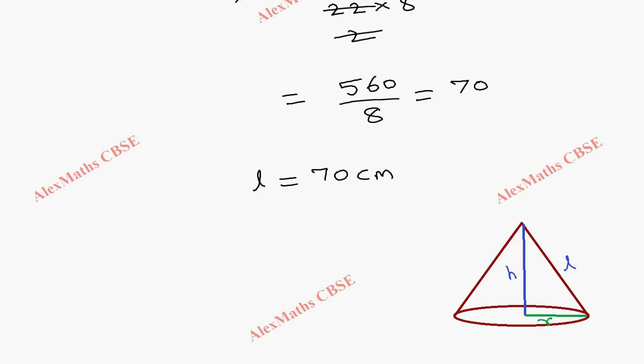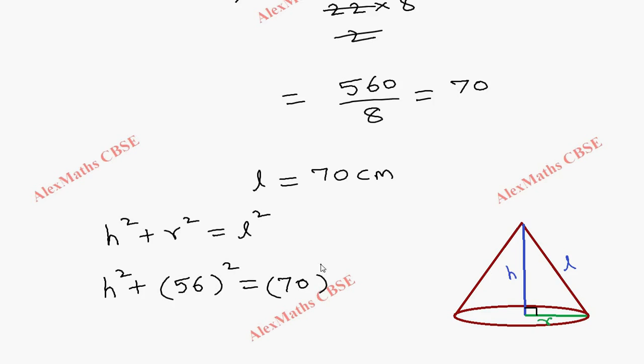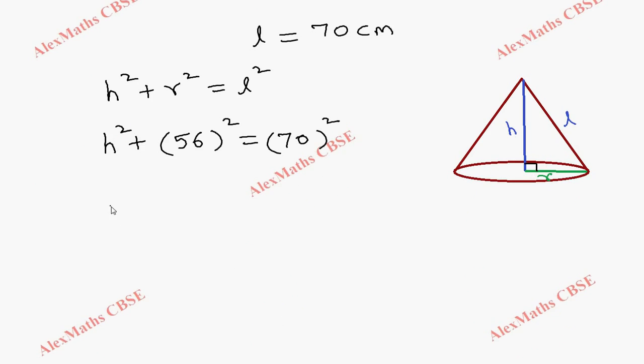Since this is a right angle triangle, we can write the formula h square plus r square gives L square. So h we don't know, we have to find out. R square is 56 whole square, which is equal to L square, 70 whole square. Now h square equals 70 square minus 56 square.